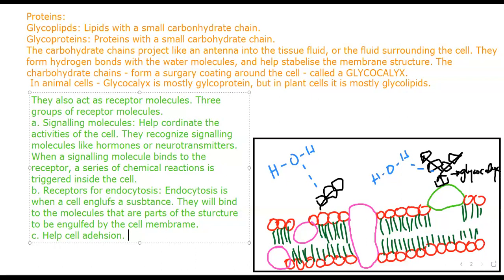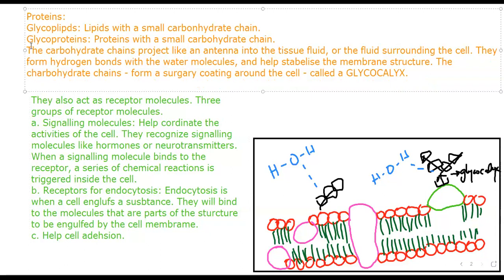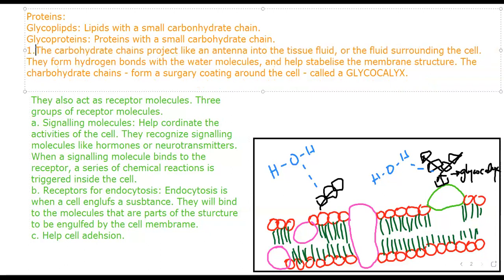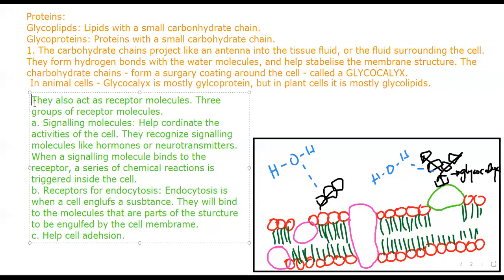Now, these are some of the functions that we have. So they can act as glycocalyx. That's the first function related to them. The second function that they have is that they can act as receptor molecules, and we have talked about how there can be 3 types of receptor molecules.